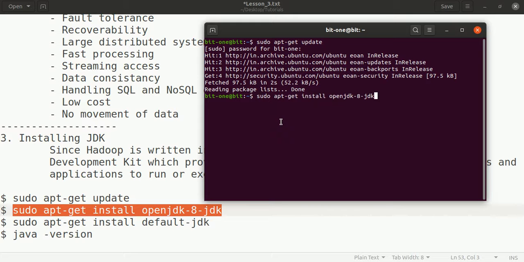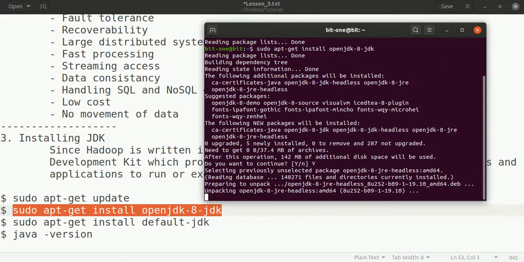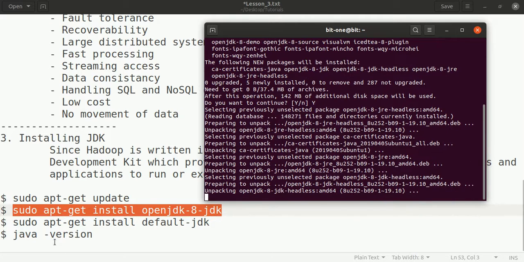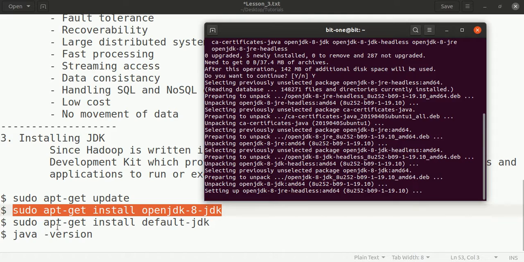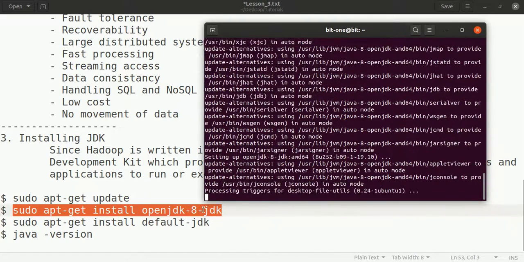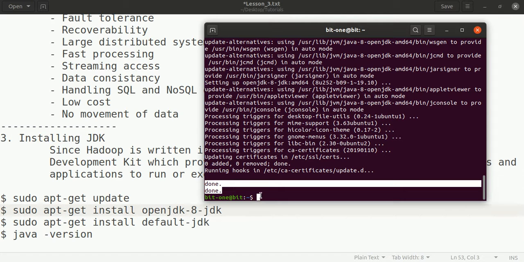This version I want to install. Now it is asking me, I will say yes, install this. Later we can check the version to see whether it is installed correctly. If it shows OpenJDK 8, we can say it is correctly installed, and then we can work with it. Here it says done. It means installation is done, everything is ready now.